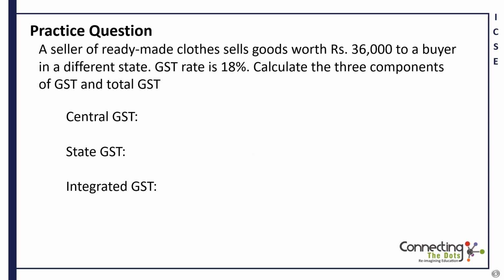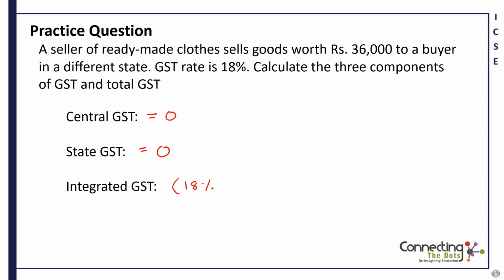Let's take a look at another simple scenario. A seller of ready-made clothes sells goods worth 36,000 rupees to a buyer in a different state. GST rate is 18%. Calculate the three components. Now in this case, clearly, because it is an interstate transaction, CGST and SGST are both 0. So this is equal to 0 and this is also equal to 0. That leaves integrated GST with the entire 18%.